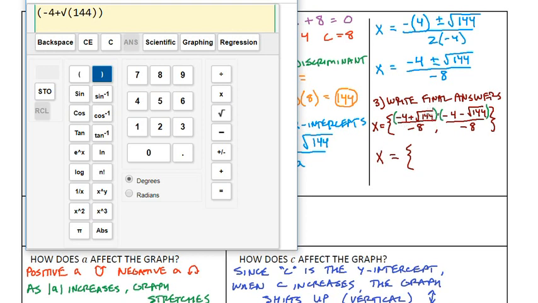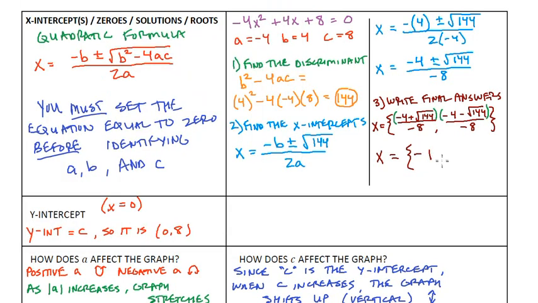Then we divide by our denominator, which is -8. Let's press equal, and we've got -1. So there's our first x-intercept.